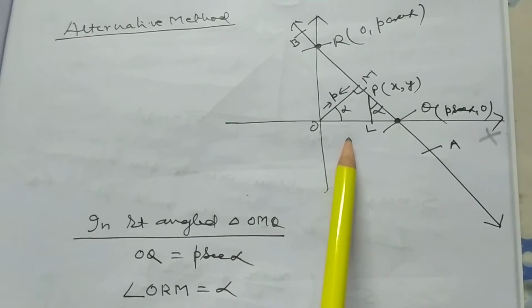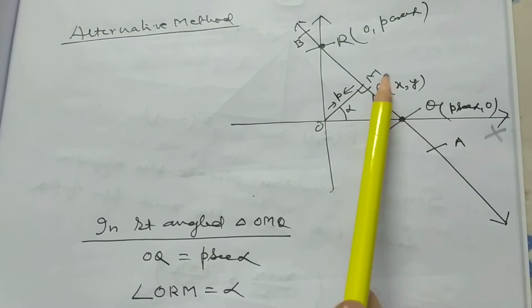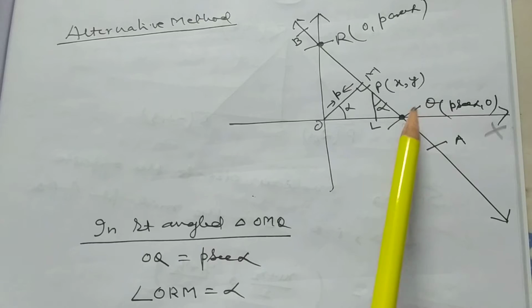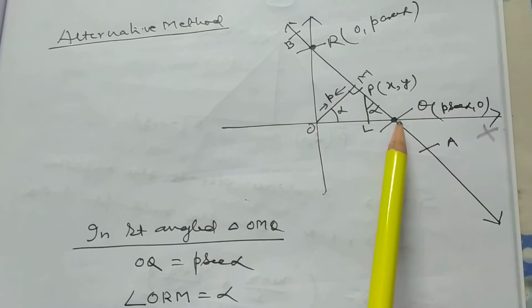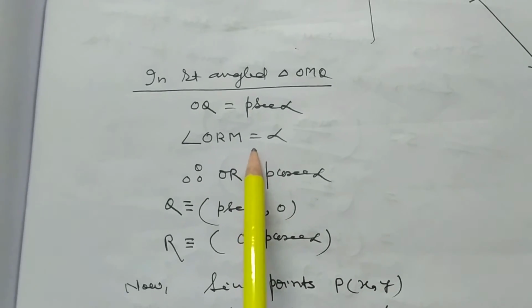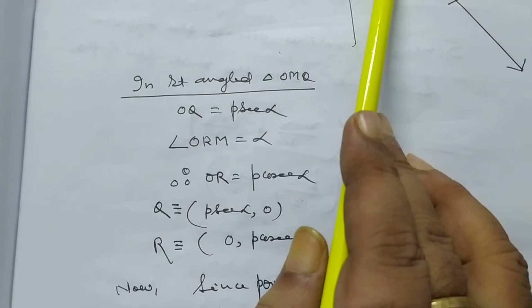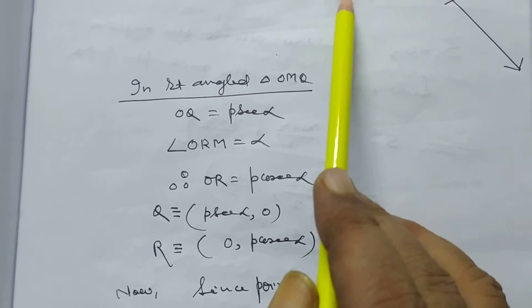We observe that here, in right angle triangle OMQ, the value of OQ is equal to P sec alpha. And angle ORM is equal to how much?